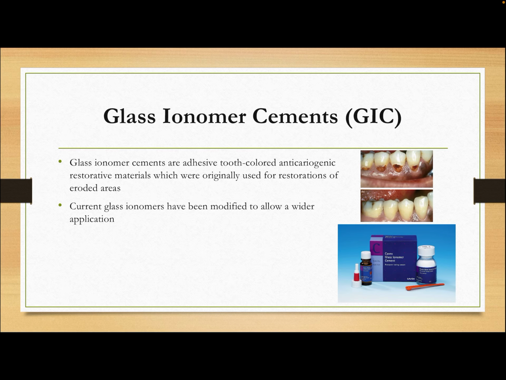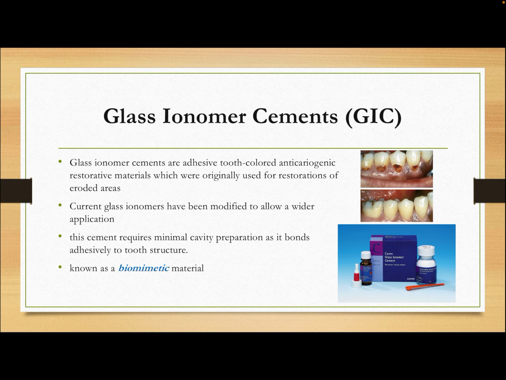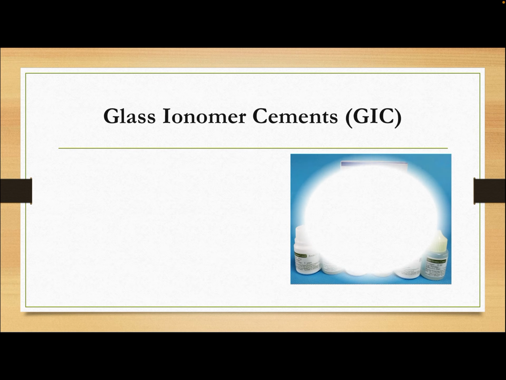The current glass ionomers have been modified to allow a wider application, and this cement requires minimal cavity preparation because it bonds adhesively to tooth structure. It's known as a biomimetic material because of its mechanical properties similar to dentine. For this reason, it's one of the most popular cements in dentistry.